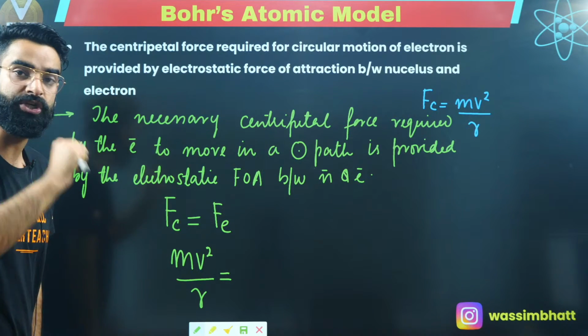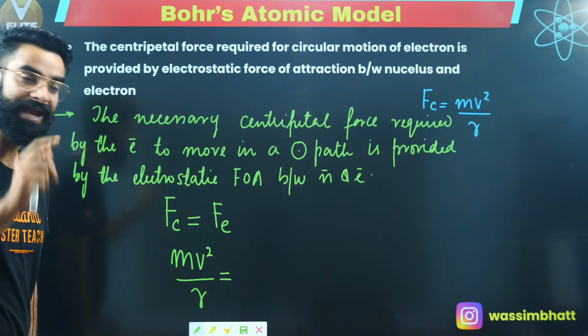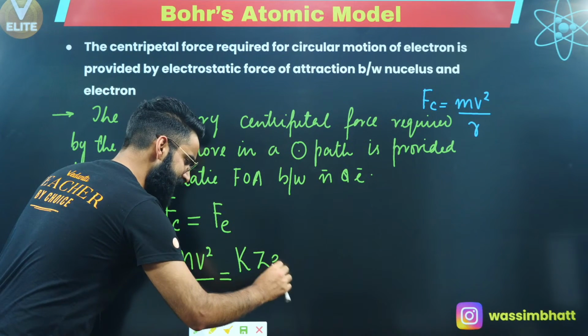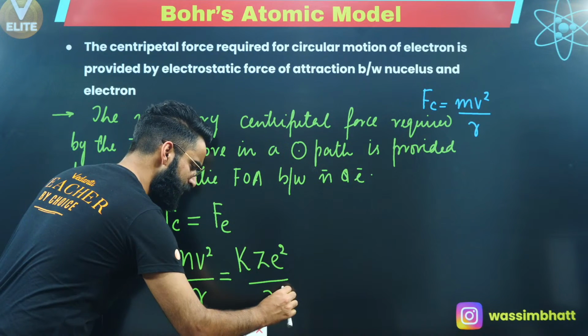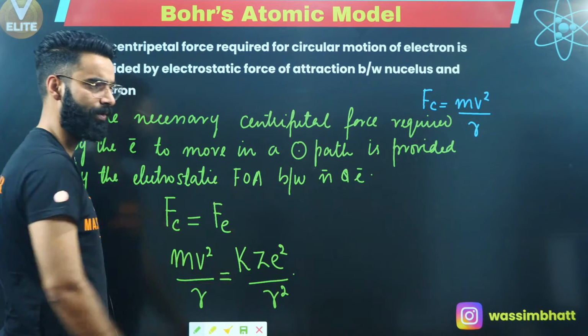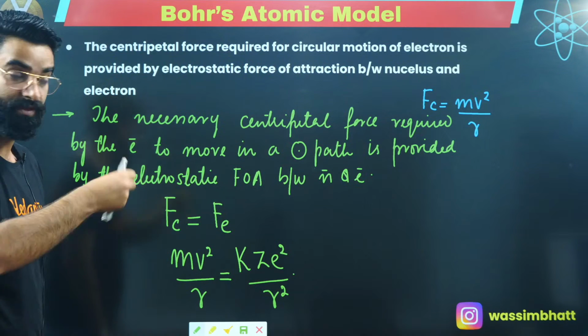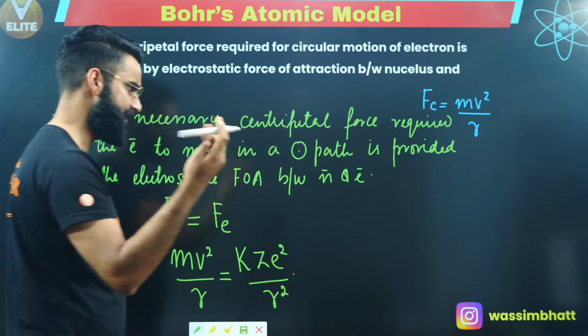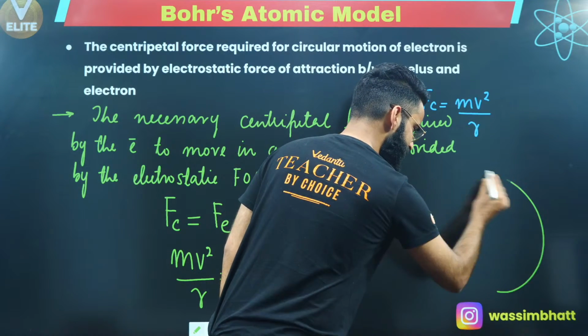When I taught you the distance of closest approach, I told you electrostatic force of attraction is basically K Ze square divided by r square. I hope you remember this formula. I've told you this in distance of closest approach as well, right? As simple as that.